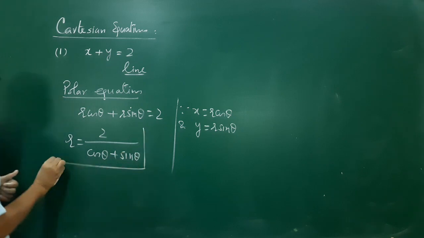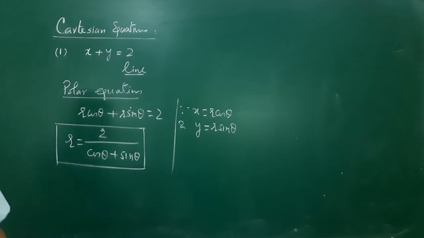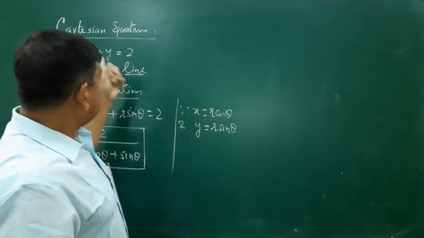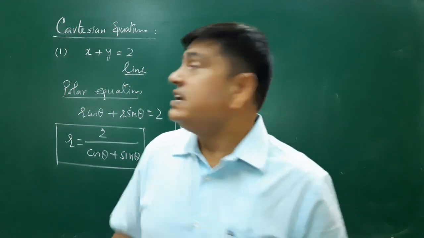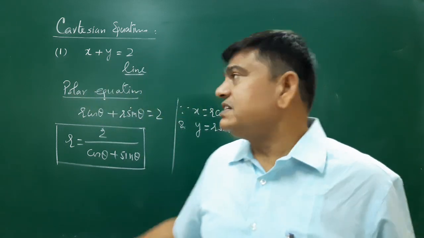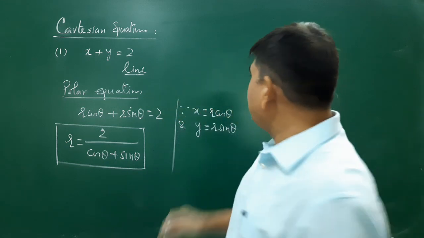This is in terms of r and theta. You are familiar with this. This is the equation of a line. A linear equation in x and y represents a line, and this is the polar equation of the line. Now the reverse part.